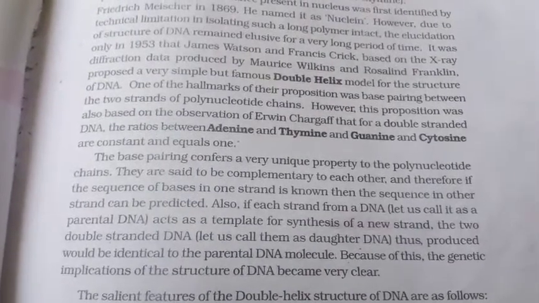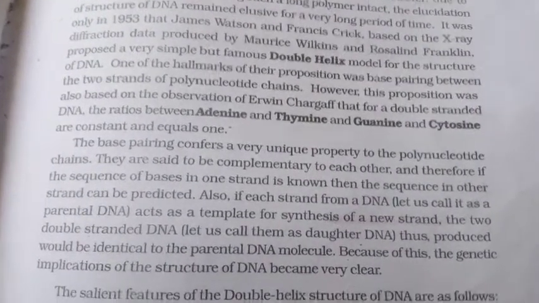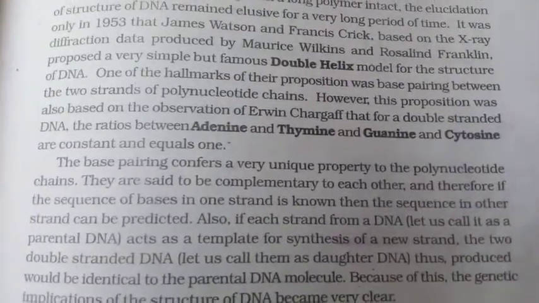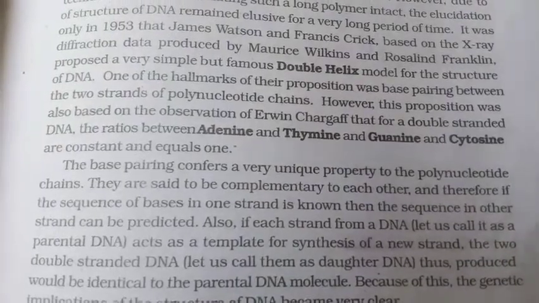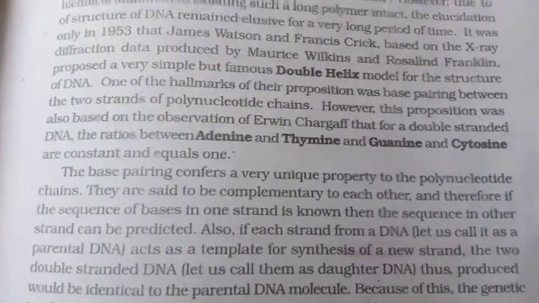And the base pairing confers a very unique property to the polynucleotide chains, and they are said to be complementary to each other, and therefore if the sequence of the bases in one strand is known, the sequence in the other strand can be predicted.